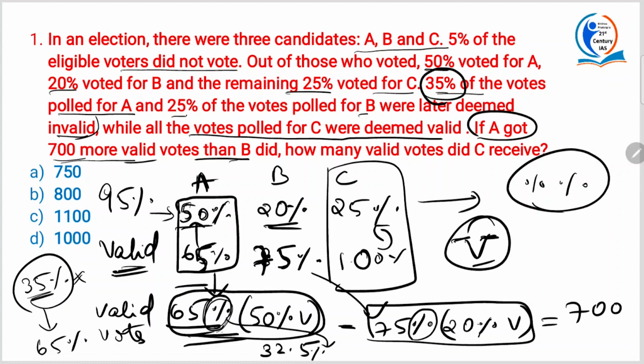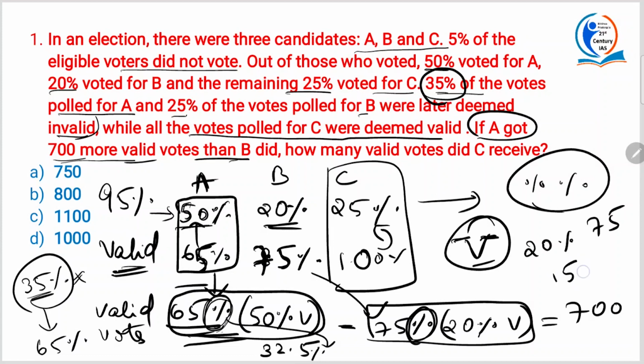What is 75% of 20%? Here, you put this percentage as it is, and what is 20% of 75? Actually, you can calculate this in your mind directly. 1% is 7.5 and 20% will be 15%.